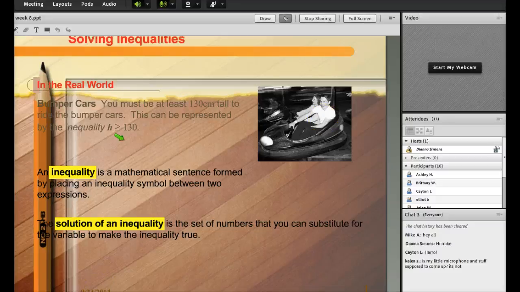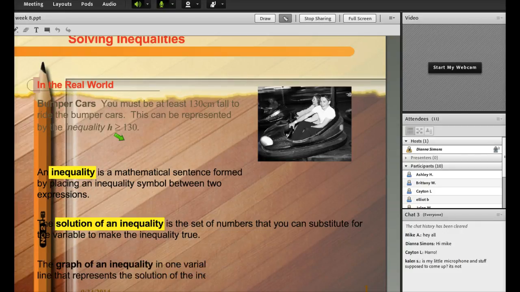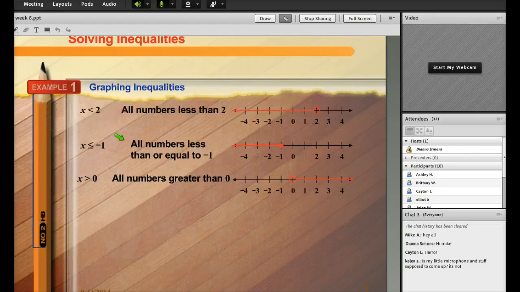What numbers make that sentence true? H greater than 130. 131. Anything above 130.5 makes that true, right? Anything above.